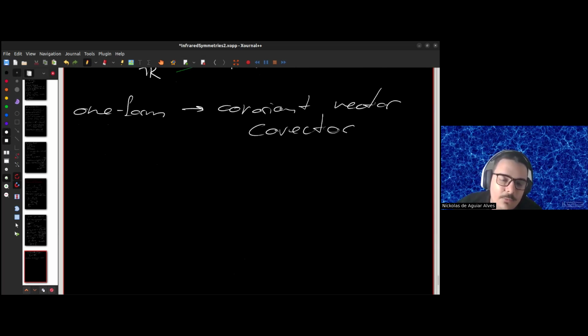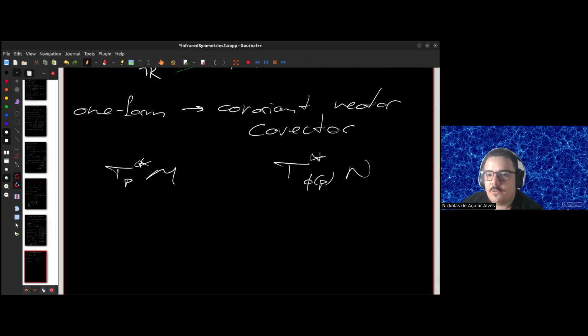But what we have here now is that they live in T_P M star or in T_phi(P) N star. The star simply indicates that this is a covariant vector rather than a contravariant vector. And in algebra, this is called an algebraic dual. Dual is dual.